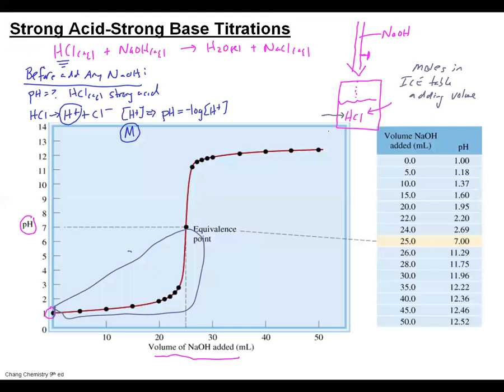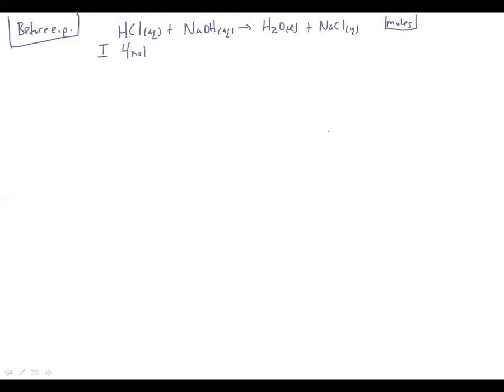Now, when we start the titration, because we are before the equivalence point, should the moles of my sodium hydroxide, which is what I'm adding, be greater than, equal to, or less than my moles of HCl?